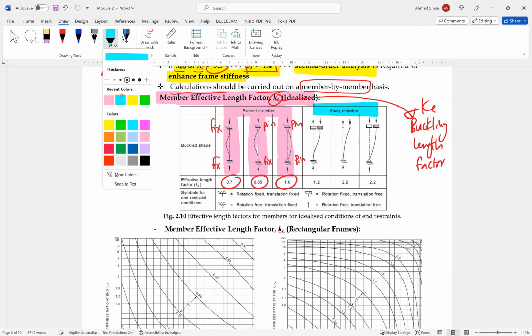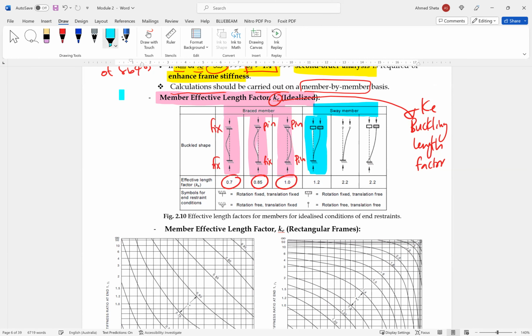For the sway members, we also have three. One of them is fixed at bottom and rotation fixed and translation free at the top. One is fixed at bottom, free at top. One is hinge at bottom and rotation only fixed at top. So this one, fixed at bottom and rotation fixed only at top, is 1.2. The same one but hinge or pin at bottom is 2.2.